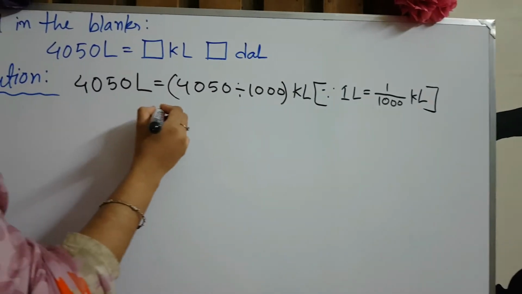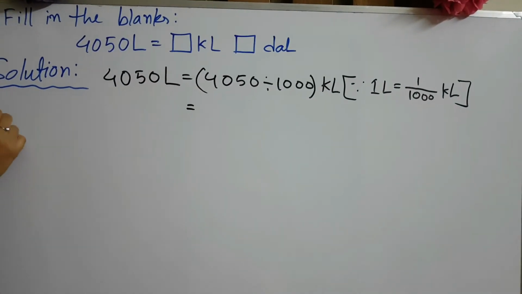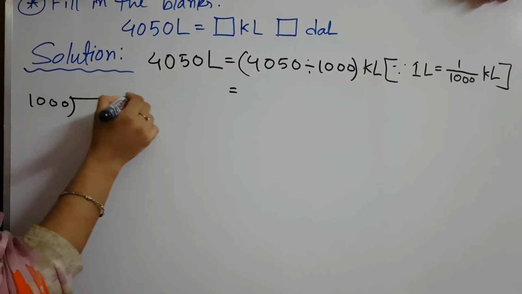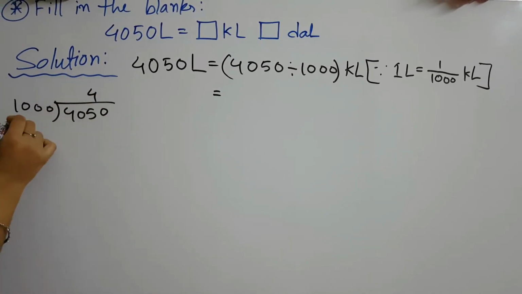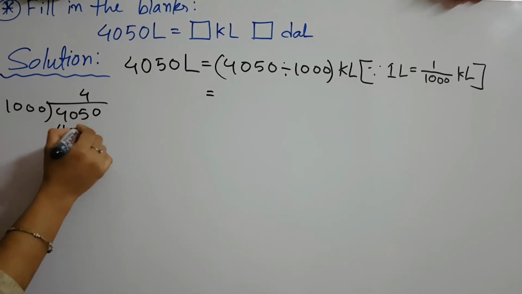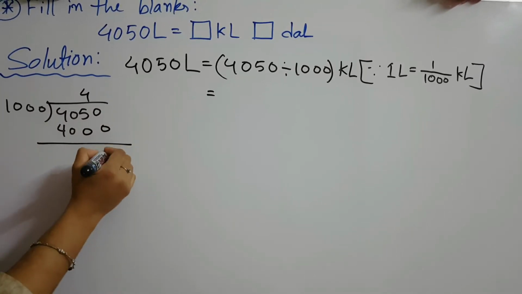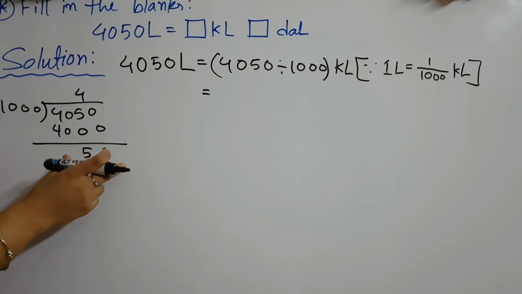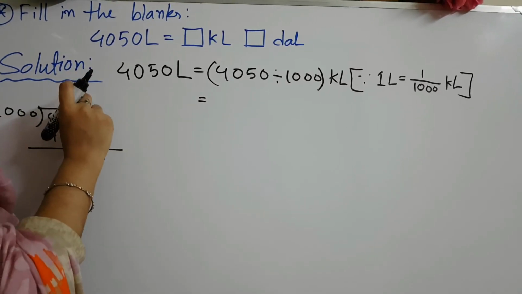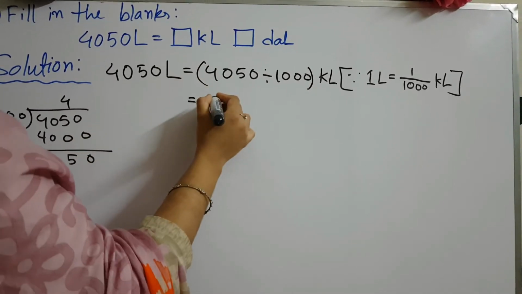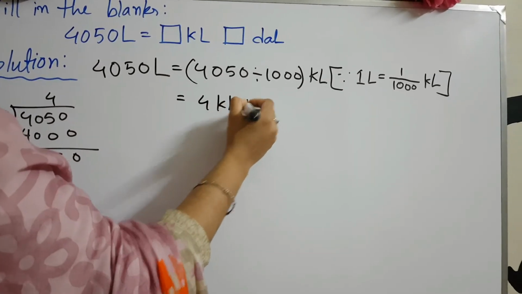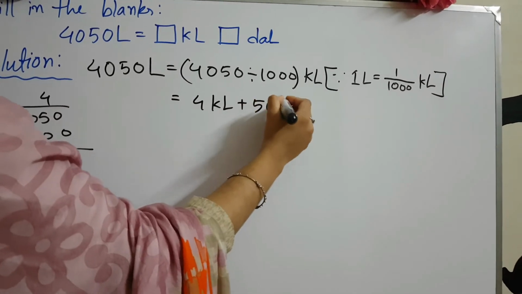Now we will solve this in our graph. Here we can take 4 times 1000, which is 4000, and the subtraction result is 50. So 4 will be kiloliter and the remainder 50 will be liter. So 4 kiloliter plus 50 liter.